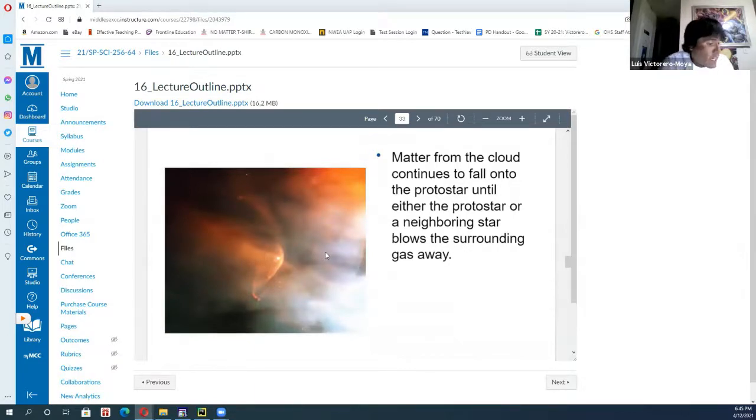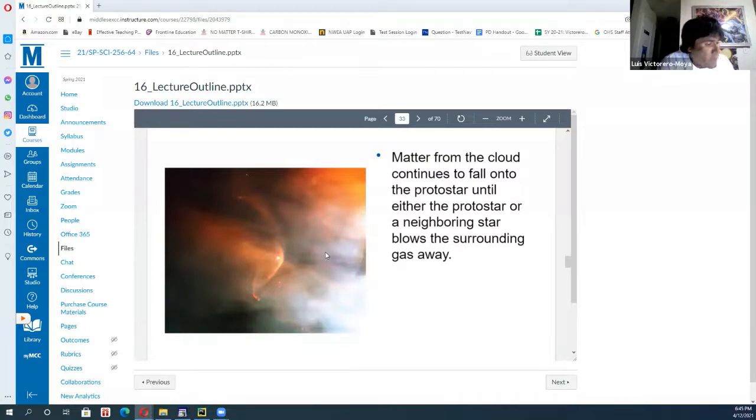As a protostar evolves, it shrinks because of the contraction. That proves that there is no equilibrium as of yet. As it shrinks, the density grows, more mass in a smaller volume, and the temperature will start to rise.